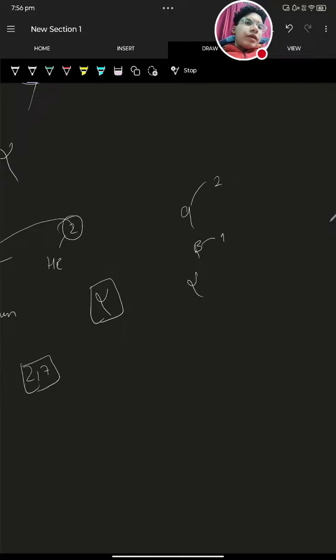Same with beta with 1, and gamma is not doing anything. So this is the basic order. Alpha has the most ionic power, beta is in the middle. Ionic power is also good, but penetrating power is not good. But alpha penetrating power is very poor. Then gamma ionic power is very poor, but penetrating power is very high.